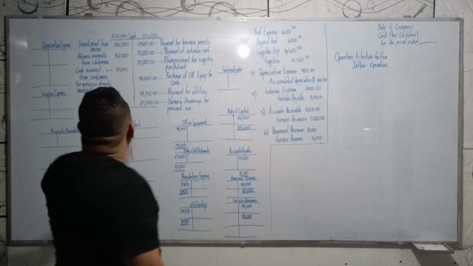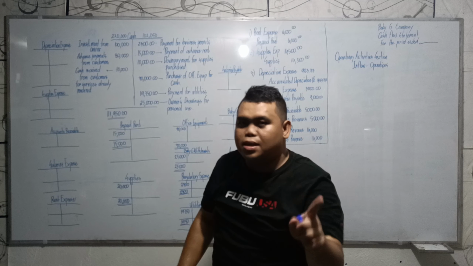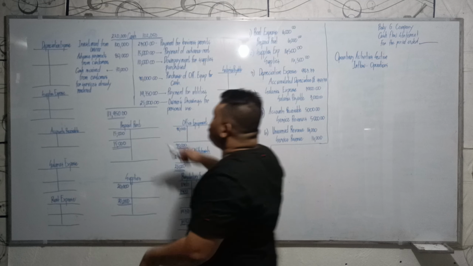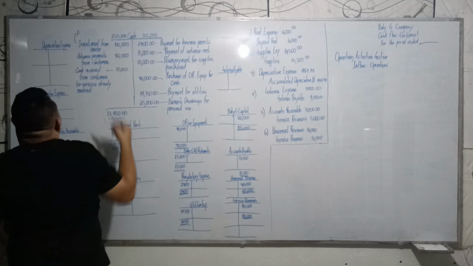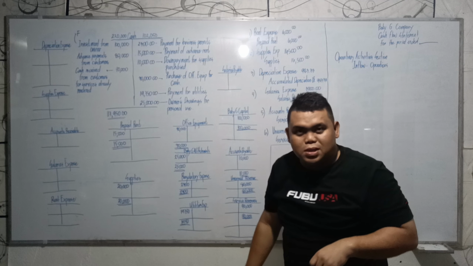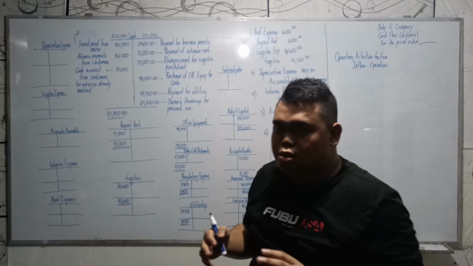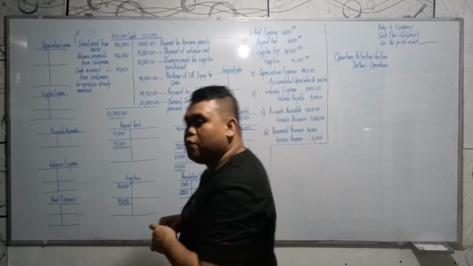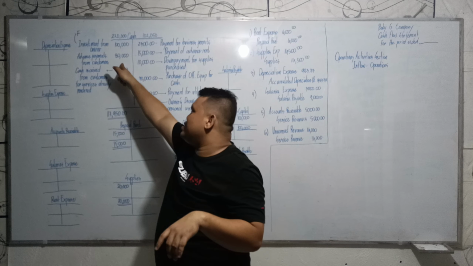Of course, the 100,000 will not be part of the operating activities because that is an investment from the owner. So that's part of the financing activities. Let's put here F. We have advance payments from customers. So that is an example of inflows from customers. So in the cash flow statement, since we are looking for money, we do not care if ever we did earn this.